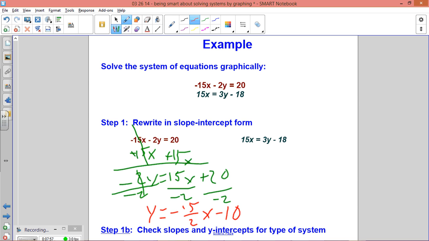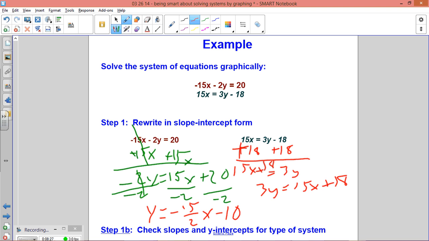On the next one, I want y by itself. Notice y is on a different side and x is on a different side than I'm used to. So what I'll just do now is add 18, because I'm trying to get y by itself. I have 3y equals 15x plus 18. Because this doesn't really look real pretty, I'm just going to flip them. 3y equals 15x plus 18.